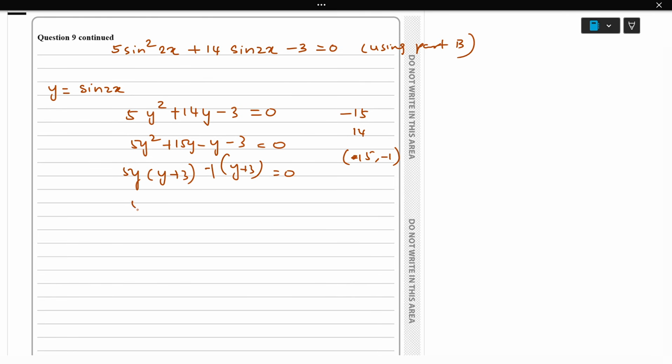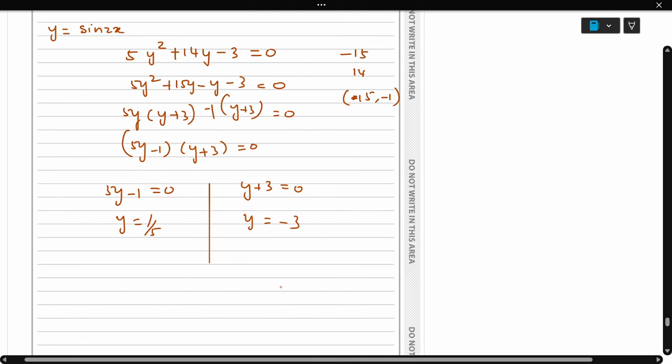So (5y minus 1)(y plus 3) equals 0. So 5y minus 1 equals 0, which is y equals 1/5, and y plus 3 equals 0, which is y equals minus 3.